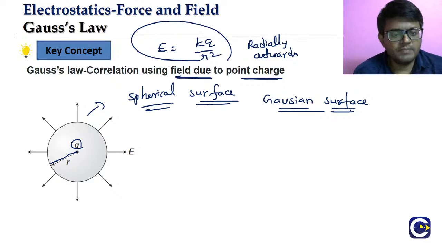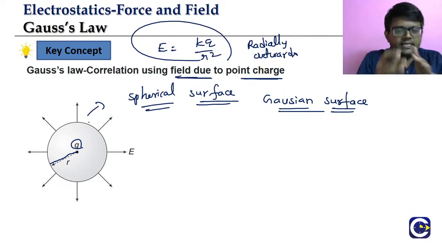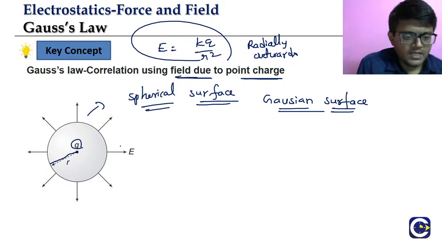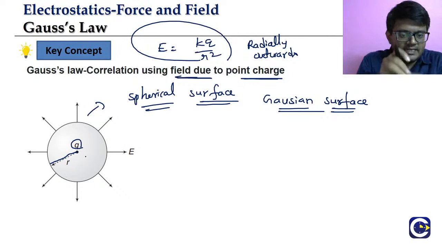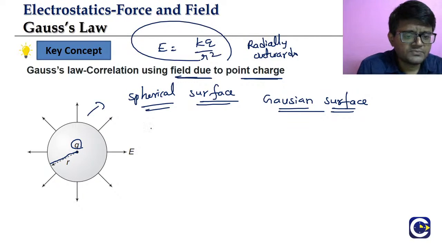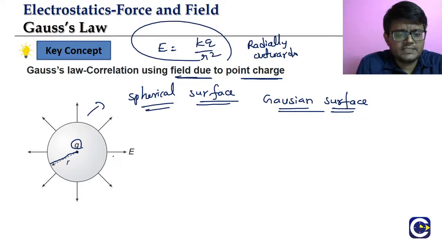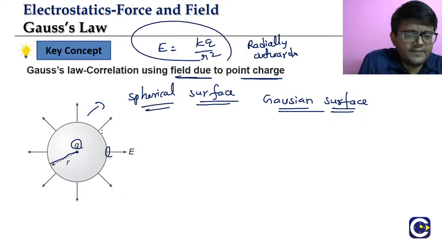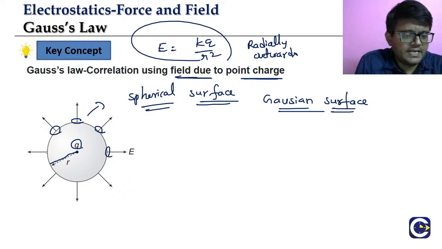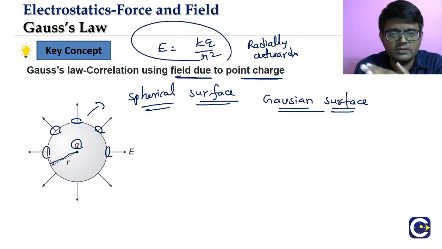We are considering a spherical shell or spherical surface having a radius r, and at the center of the spherical shell we keep the charge. Now look, the field produced by that charge near that surface will always be along the radial direction.